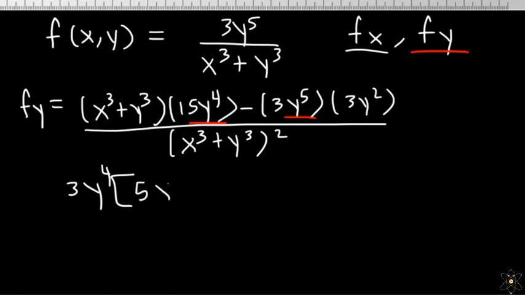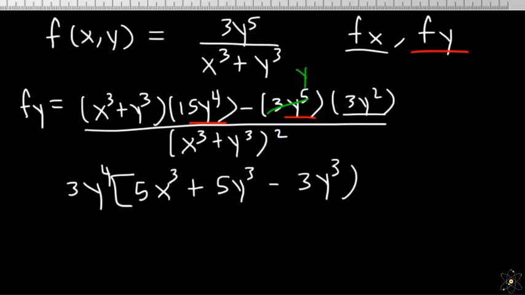So that's 5x cubed plus 5y cubed. Now here we took out the 3 and y to the fourth, so we're left over with y. And that y is going to be multiplied by 3y squared, so it's negative 3y cubed. Don't forget about the negative sign. Divided by this stuff.